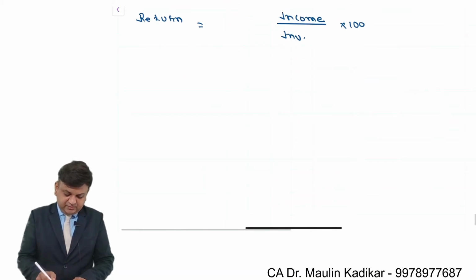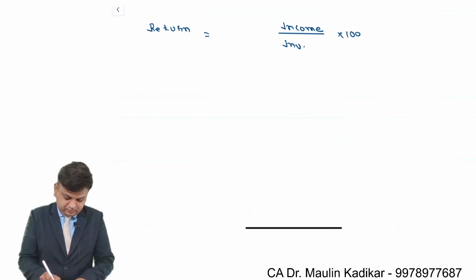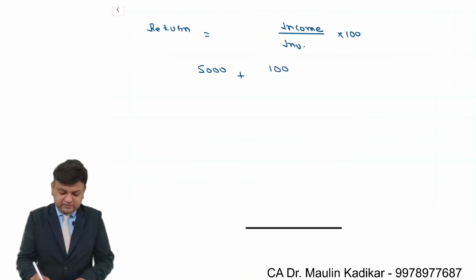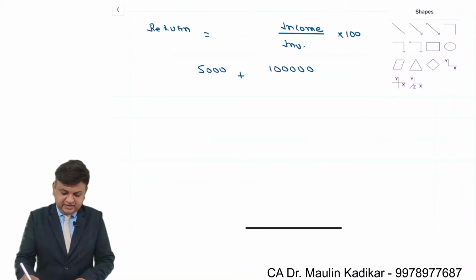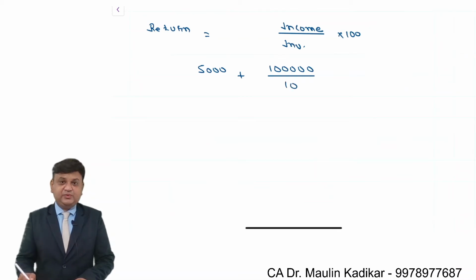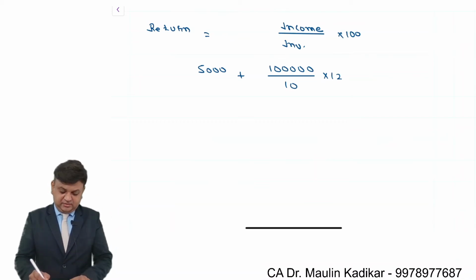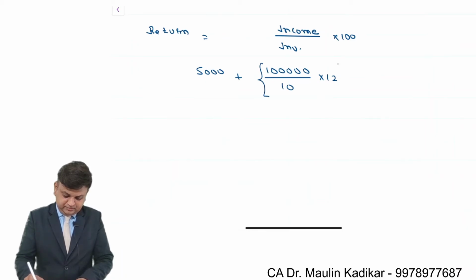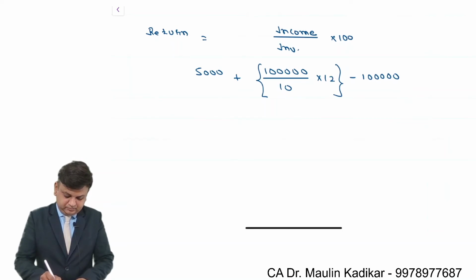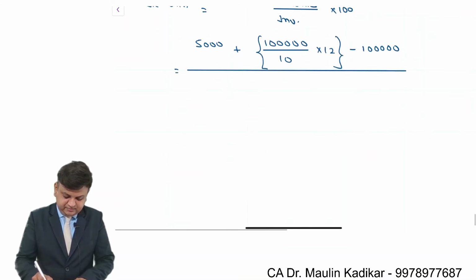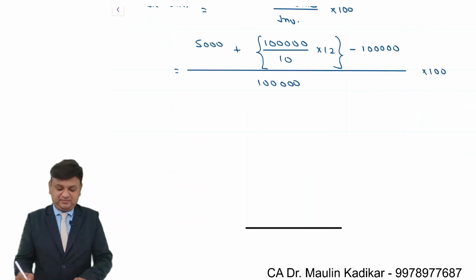The amount of the dividend income to the investor is 5,000, plus amount of investment was 1 lakh divided by 10, that is the price at which the investment was made, into 12, that is value of the units at the end of the period. Whole minus 1 lakh, divided by 1 lakh, into 100 for getting answer in percentage terms.